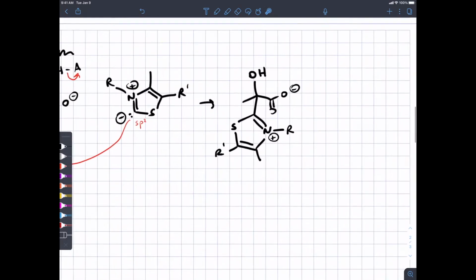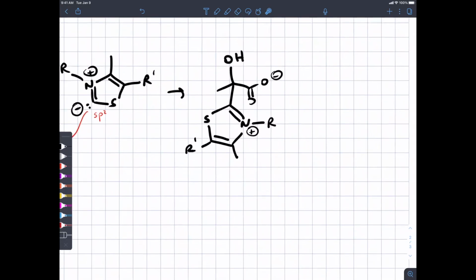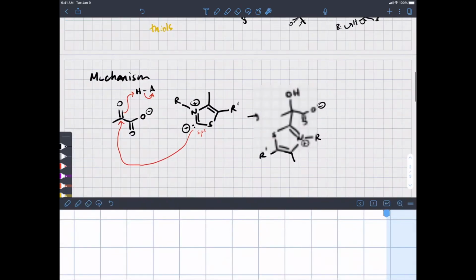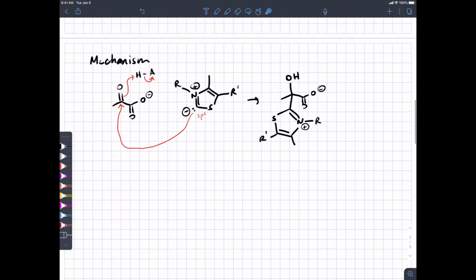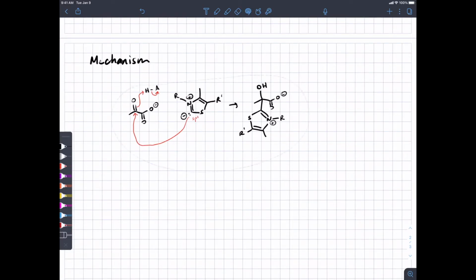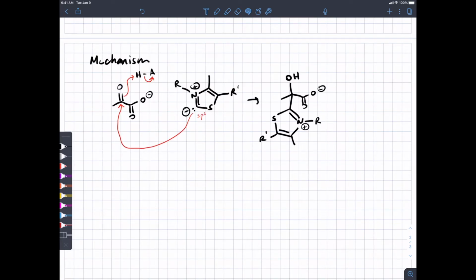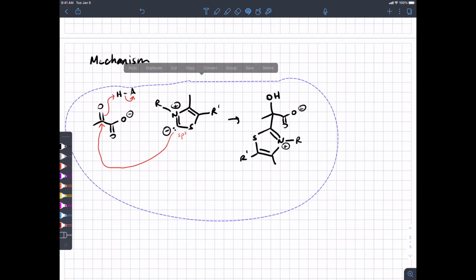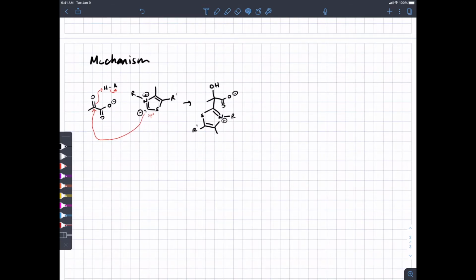I'm now going to redraw it in a way that I think will help you see where the decarboxylation reaction is going to happen. But before I do that, any questions about that first step?